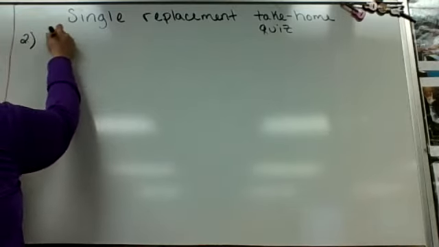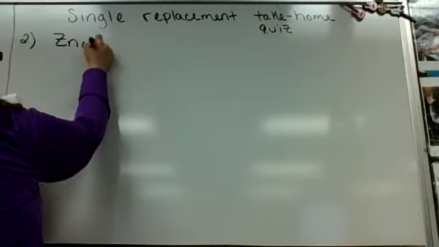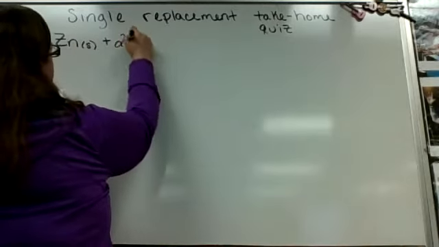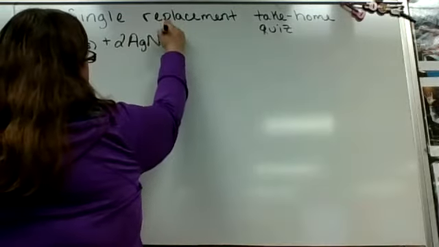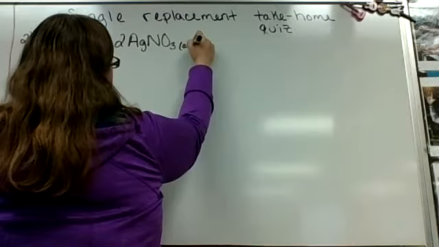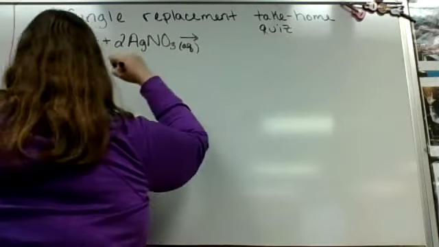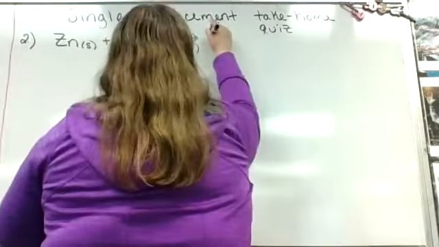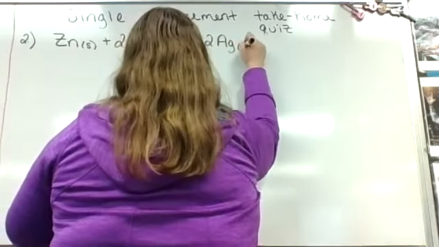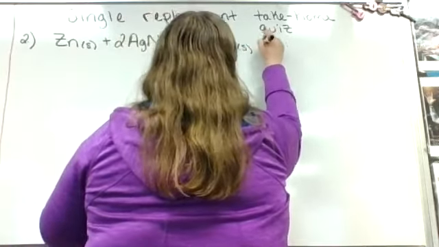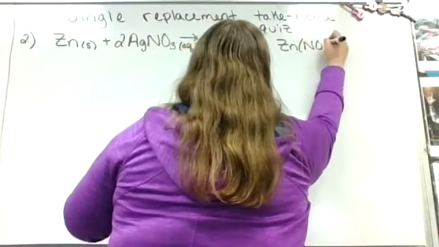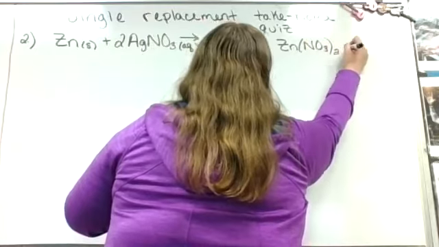You have zinc solid plus 2 silver nitrate aqueous yields 2 Ag, 2 silver solid plus zinc nitrate, Zn(NO3)2 aqueous.